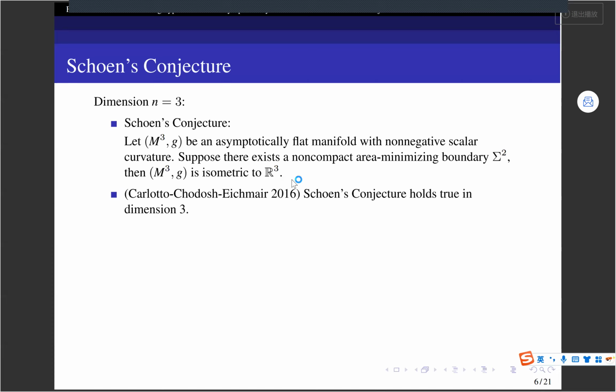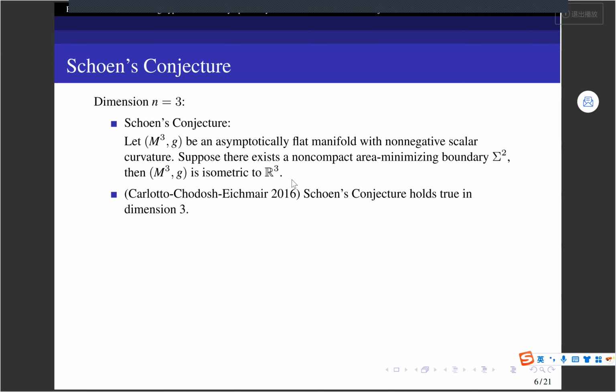This version of Schoen's conjecture was resolved by Carlotto, Chodosh, and Eichmair in 2016. They have shown that this conjecture is true in dimension 3. So in dimension 3, if you assume non-negative scalar curvature in the AF manifold, then the existence of an area minimizing hypersurface gives strong rigidity of the ambient space.